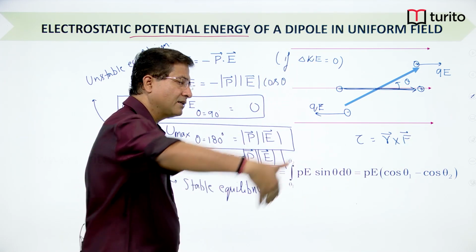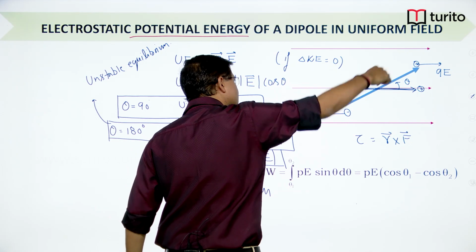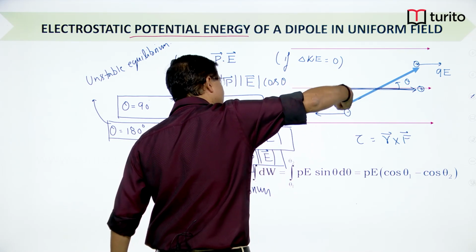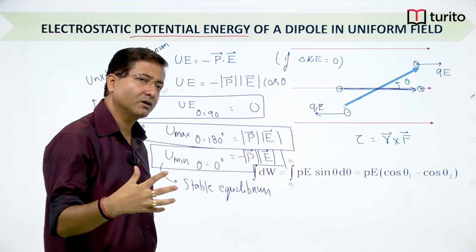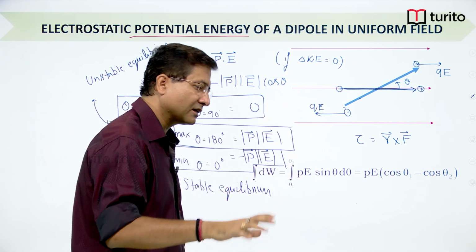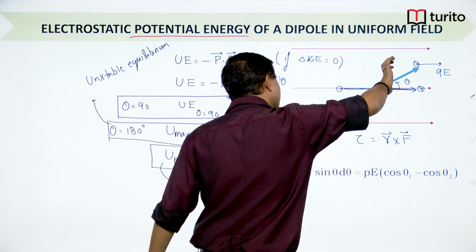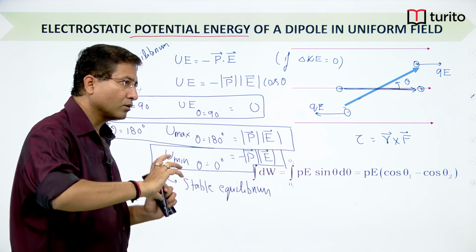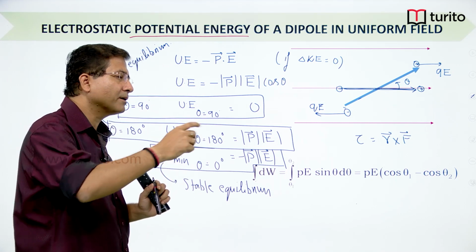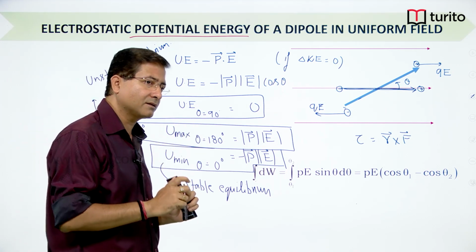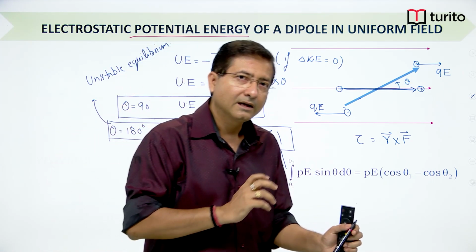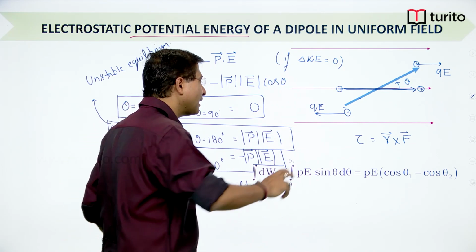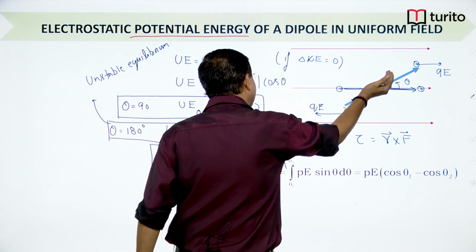Similarly for this one, with respect to this point, this is R cross F, again the thumb is coming in the inward direction. Both are coming in the inward direction. Inward direction means clockwise sense, right. So the forces appearing on the charges due to the field are trying to rotate the dipole in the opposite sense to what we have rotated it.